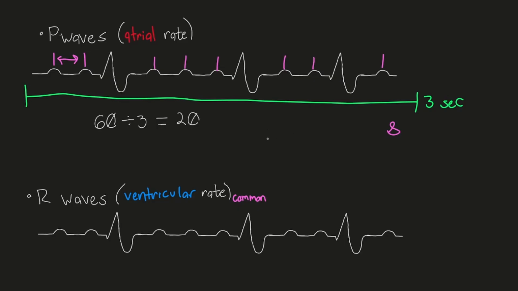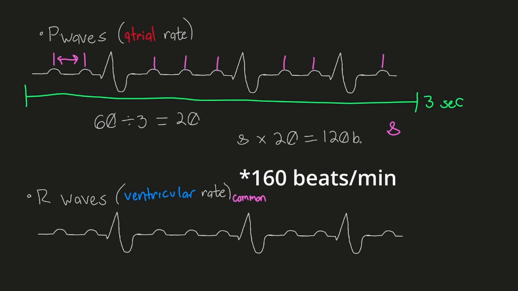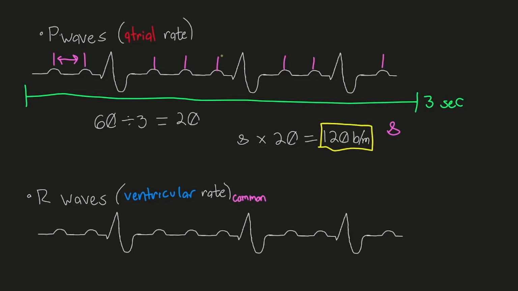And our equation will change into our number of P waves, 8, times 20, which gives us 120 per minute. Now the reason why we're getting two rates is because we want to compare them, just to help with the thought process. So 120 beats per minute for our atrial rate.